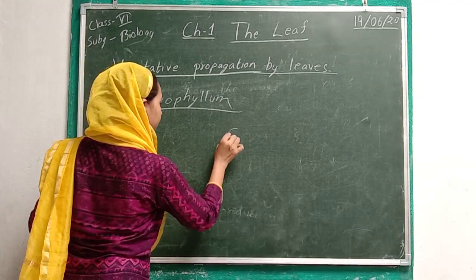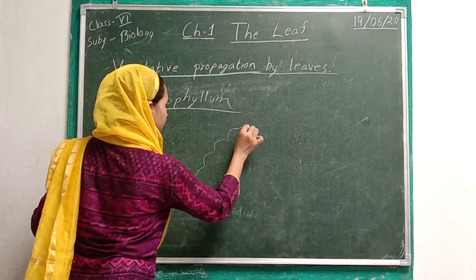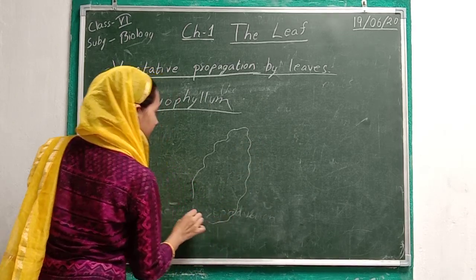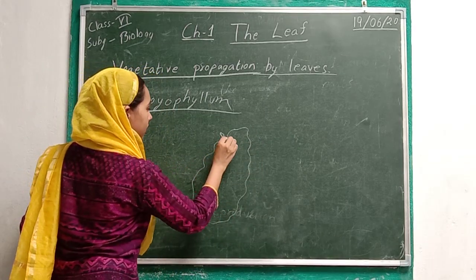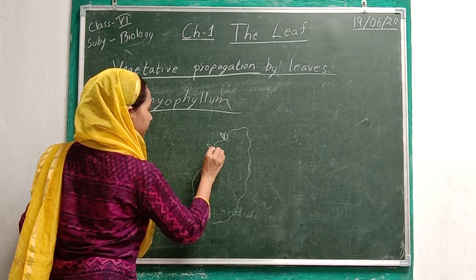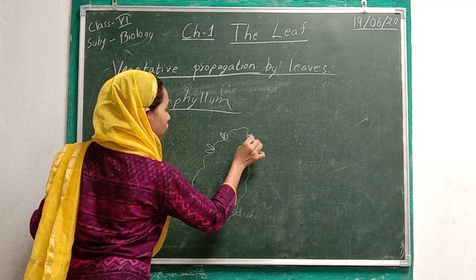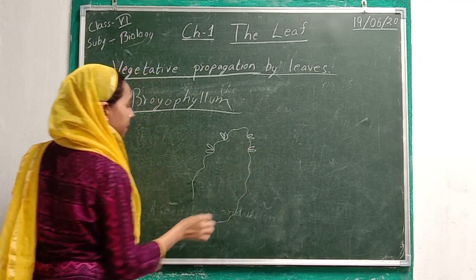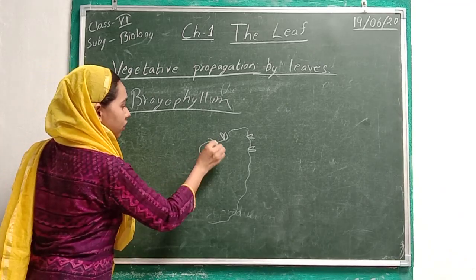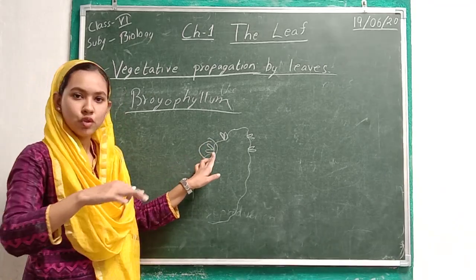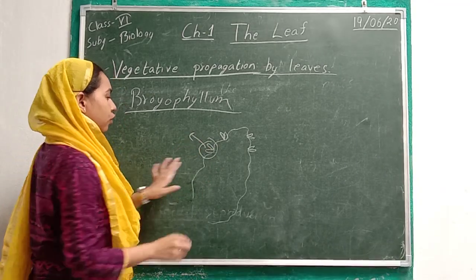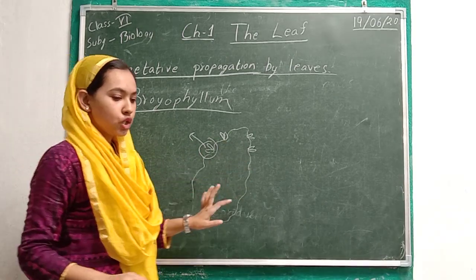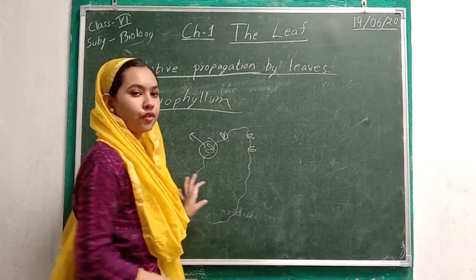If you see the leaf, its margin is wavy, and here you can see small buds on the margins. When you detach these buds and plant them, you can see that new plants can grow from each of these buds. So we see this in the case of bryophyllum.